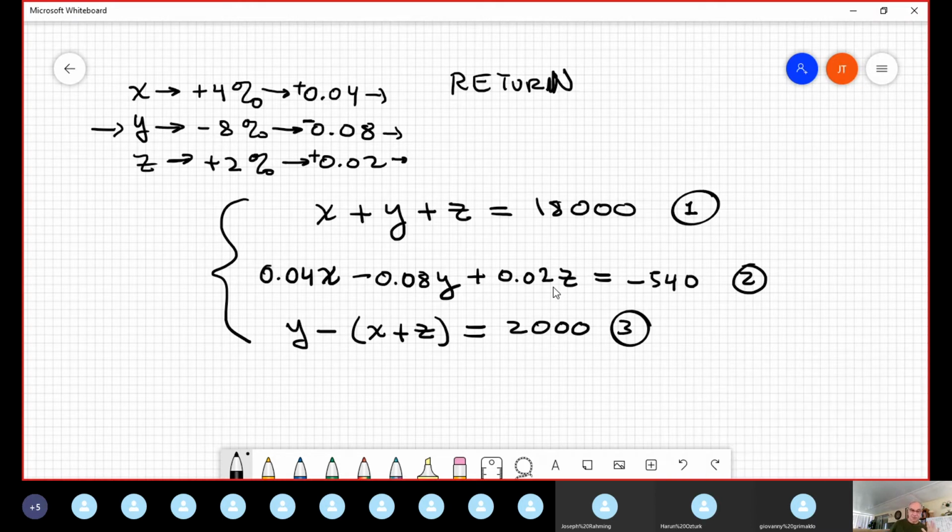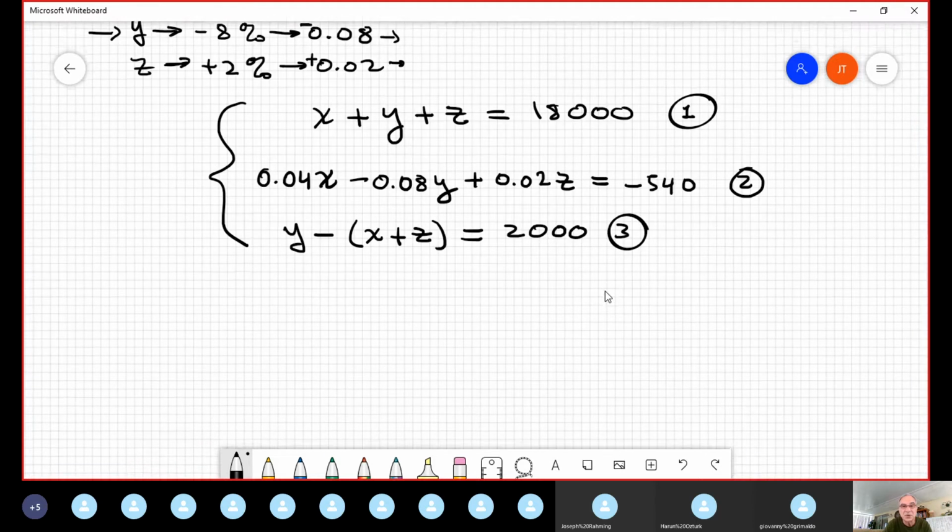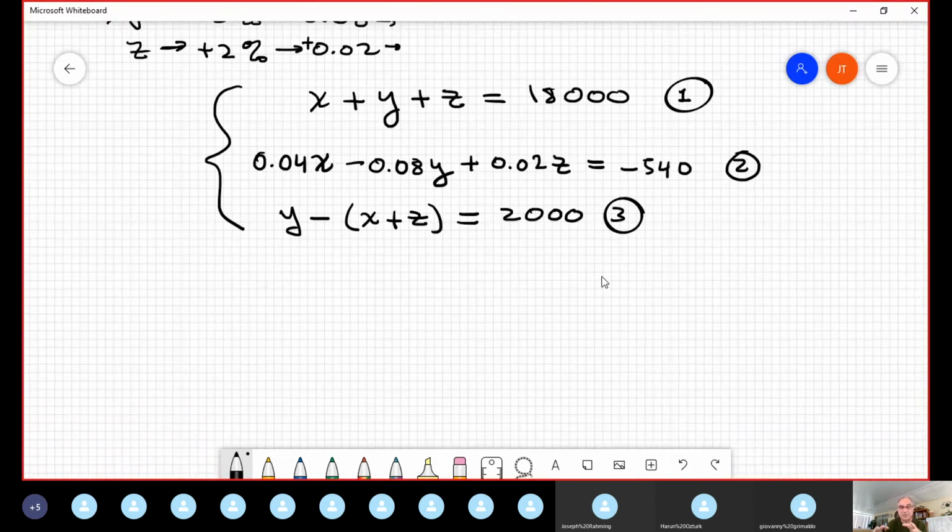Okay. So, don't expect that when you set out the equation, you get a nice equation. It's a horrible equation, but I don't care, because I manipulate it a little bit in order to express it in an elegant way. For example, the first one is actually elegant: x plus y plus z equals 18,000.